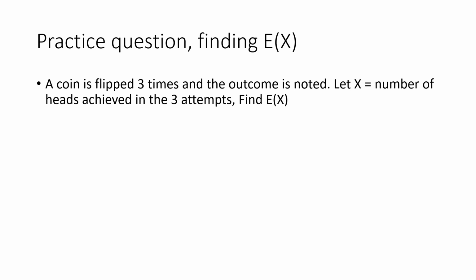Now let's try this question and try and find E of x. A coin is flipped 3 times and the outcome is noted. Let x be the number of heads achieved in these 3 attempts. Find E of x. So the first thing we do here is we draw our probability distribution. So we have the outcome 0, 1, 2, 3.